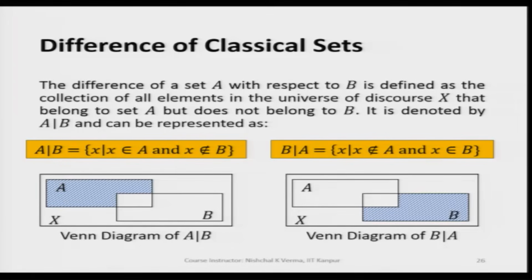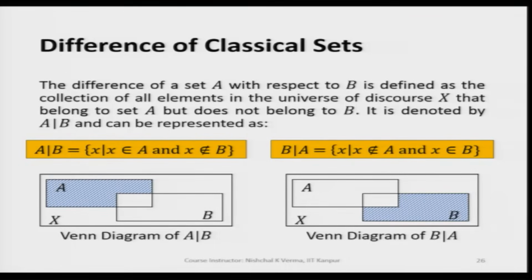It is denoted by A oblique B, and this is a set which includes all the elements which are present in A but not in B.